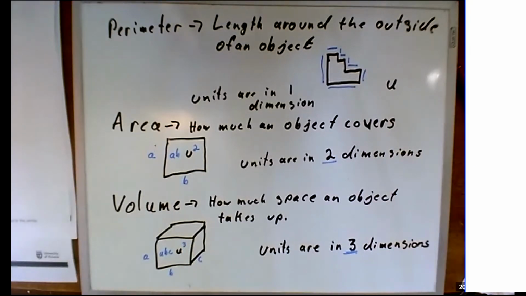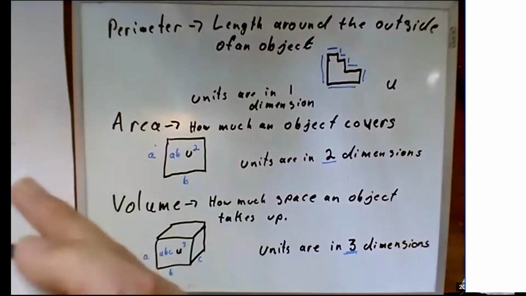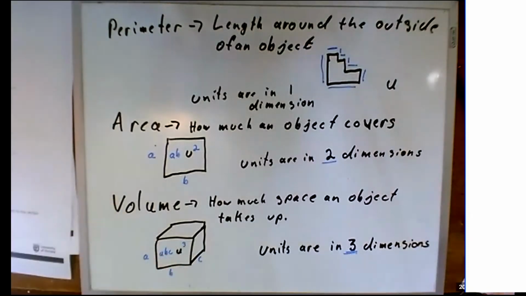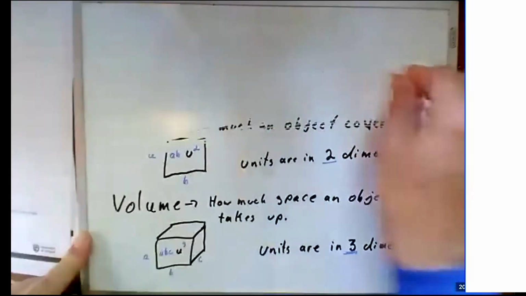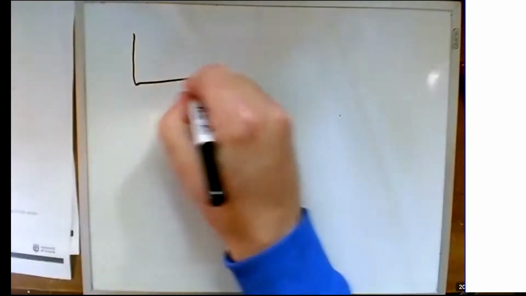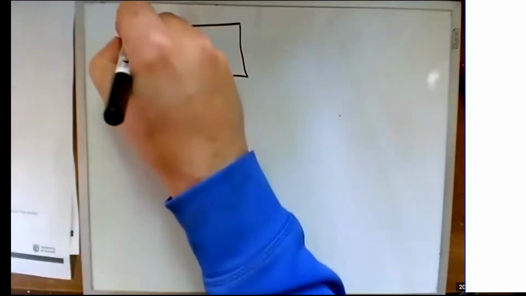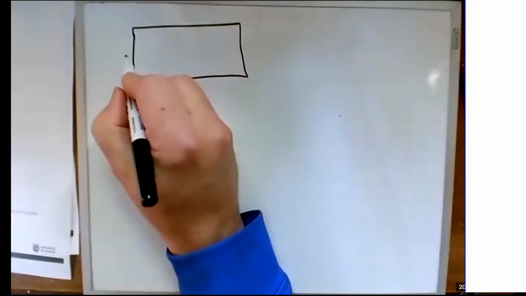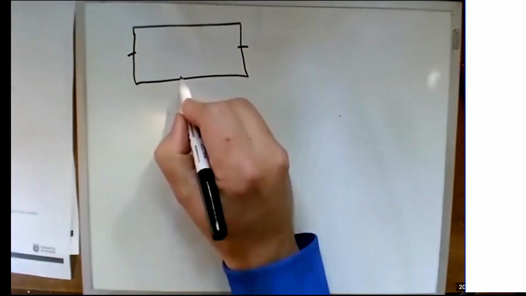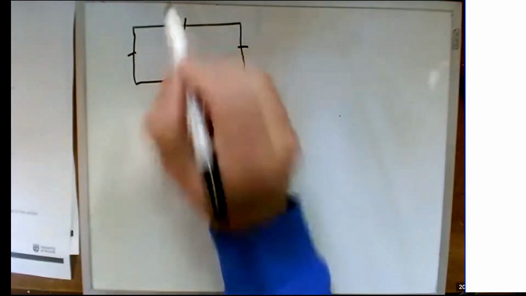So, that having been stated, let's take a look at some common formulas for some common shapes that you are going to be expected to know. We'll start with one of the nice ones, a rectangle. With a rectangle, you're going to get opposite sides that are the same length.